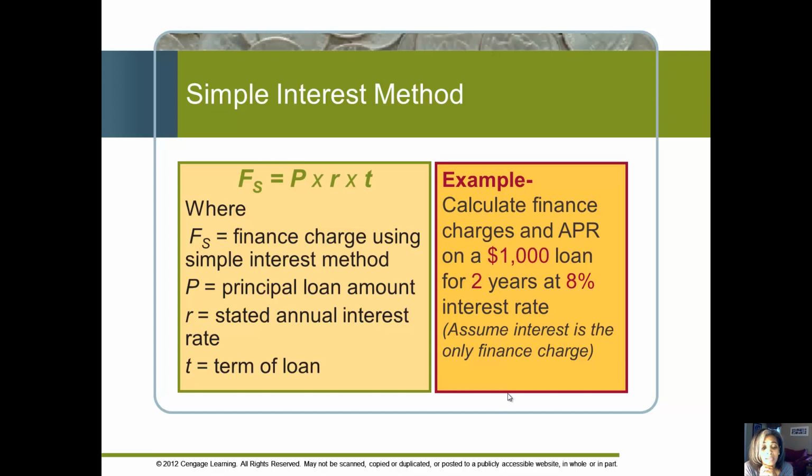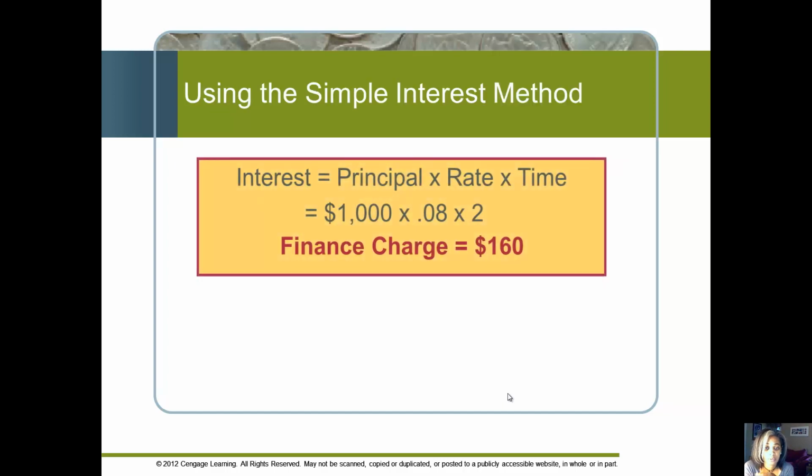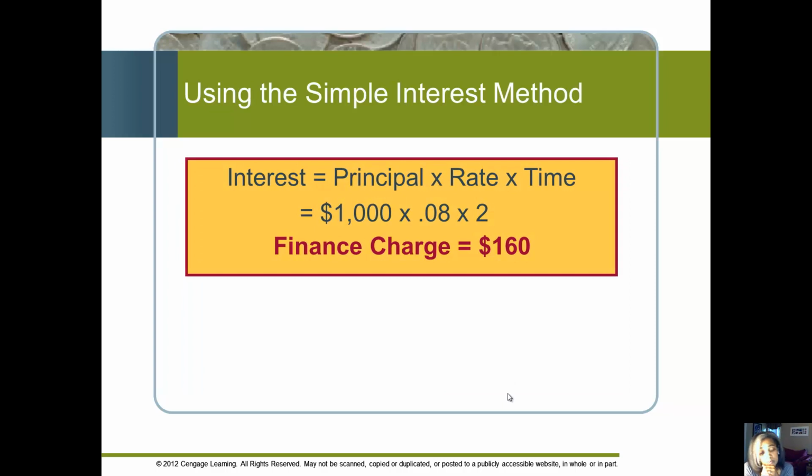So think about that for a second. The principal is $1,000, the stated interest rate is 8%, and the term of the loan is 2 years. So it's just going to be 1,000 times 8% times 2 years. So our finance charge is $160 on that $1,000 loan.